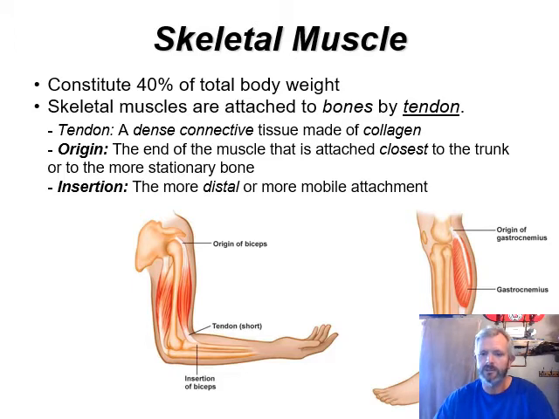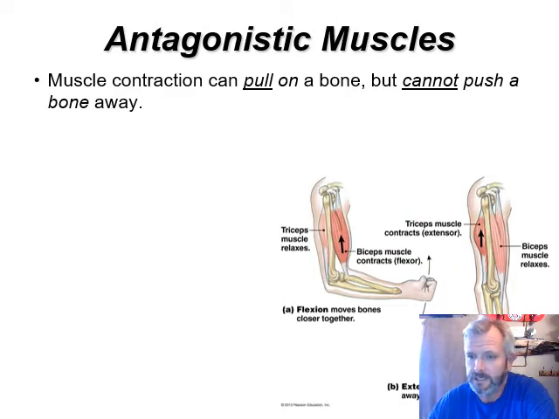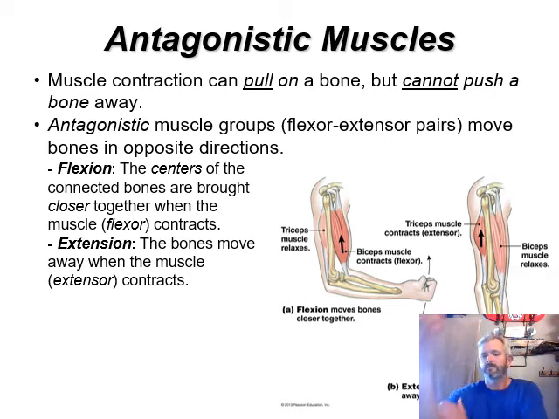Right? And so this arrangement makes it so we have to have antagonistic muscles. When I do flexion of my arm, I'm using my biceps, but there's no force when I lengthen this bicep. There's no force being produced. So how do I get to do extension?